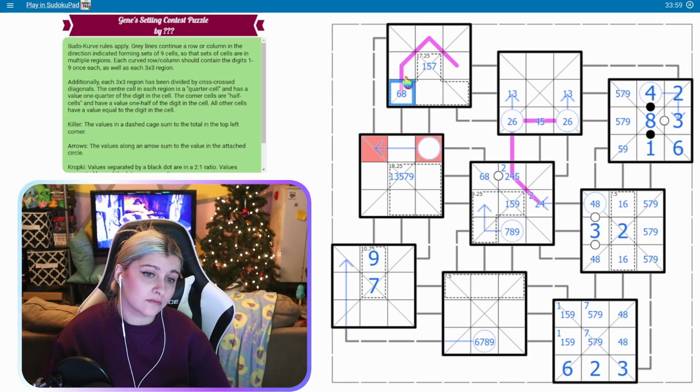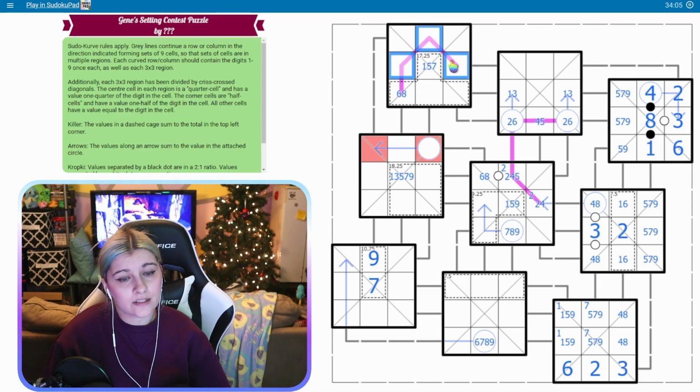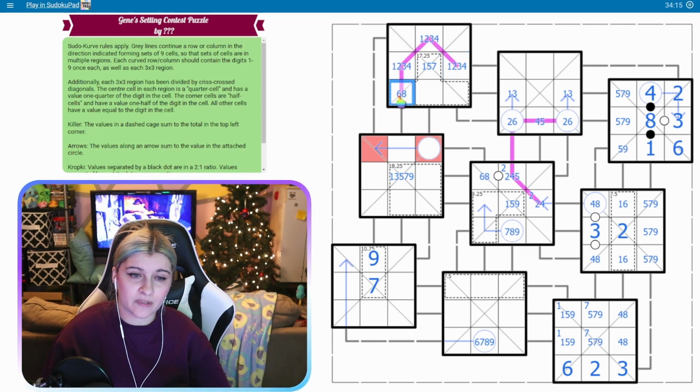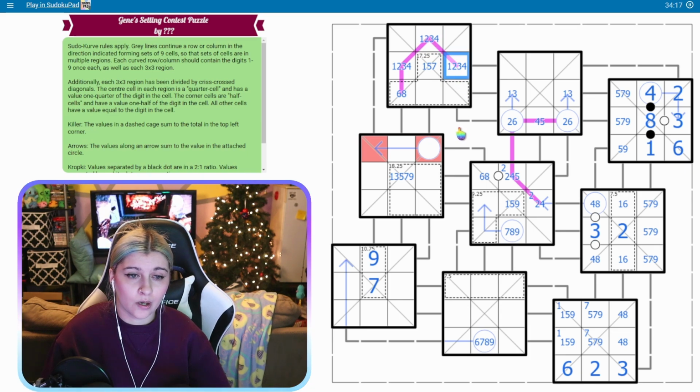Meaning, what does that mean for this? I could have 1, 2, 3, 4, with this being either the 3 or the 4. Or I could go 4, 5, 6, 7.